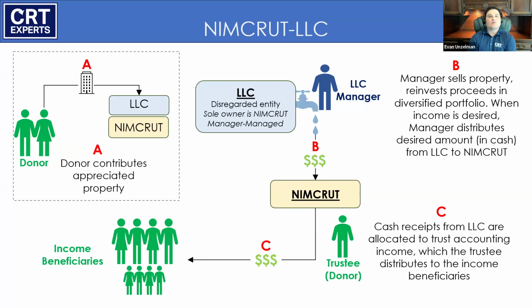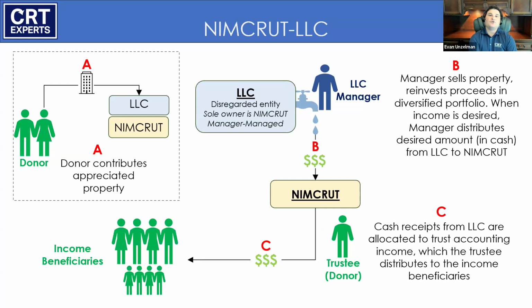So we would not recommend it. Now, we see this frequently, and I'm not aware of any issues or it creating any problems. But it's easy to see the potential problem, right? We have someone controlling their own income. So we would always recommend not putting a disqualified person on that. In practice, it's usually the donor's CPA, financial advisor, or attorney. But we would not recommend putting the donor on as the manager of that LLC.